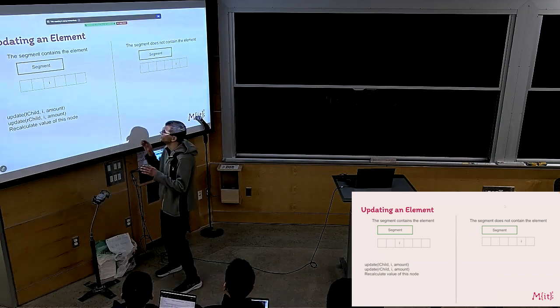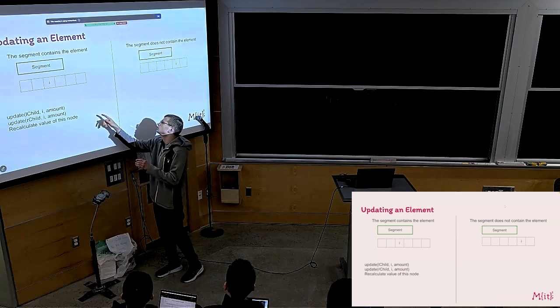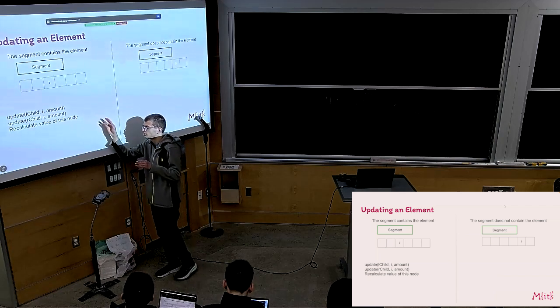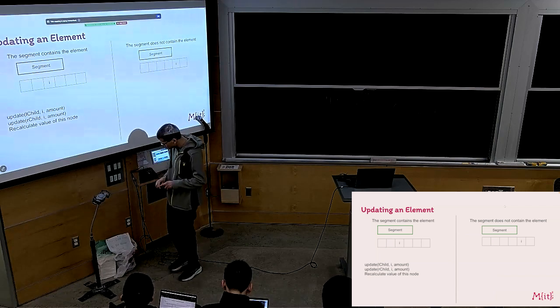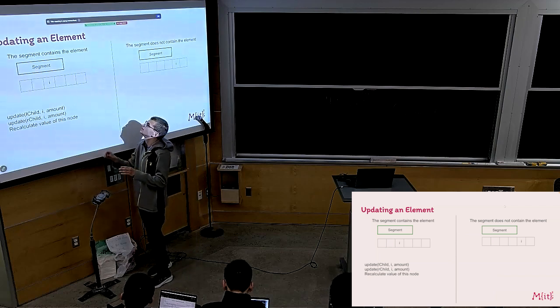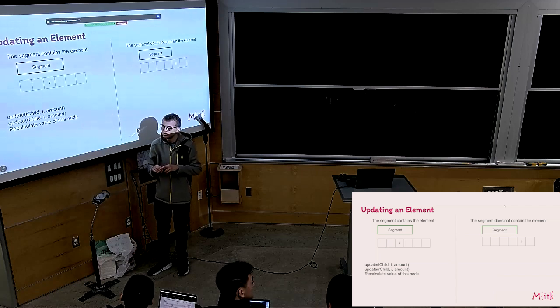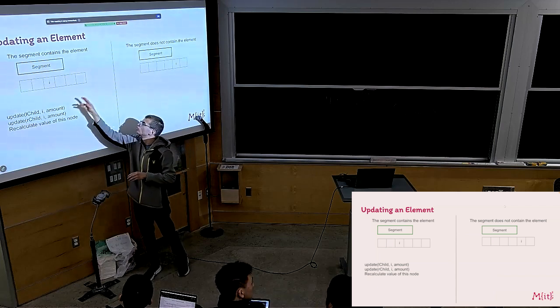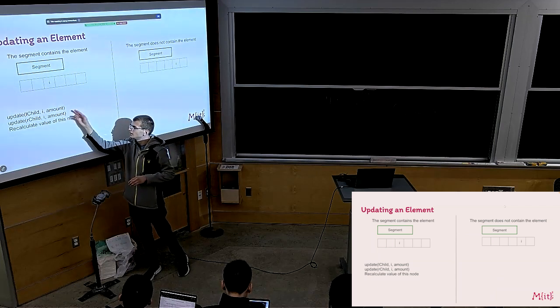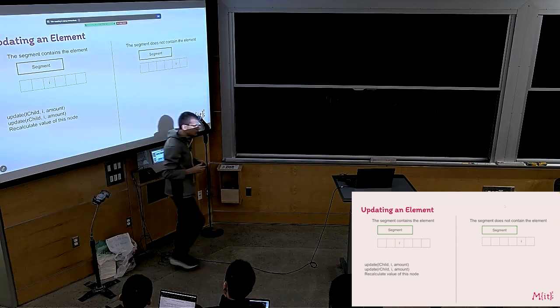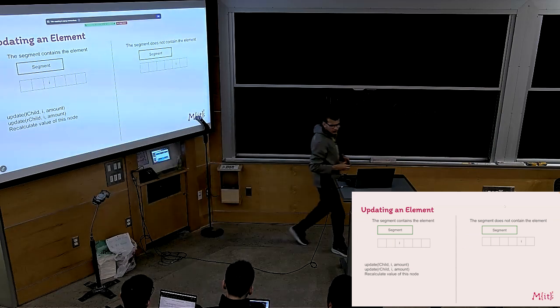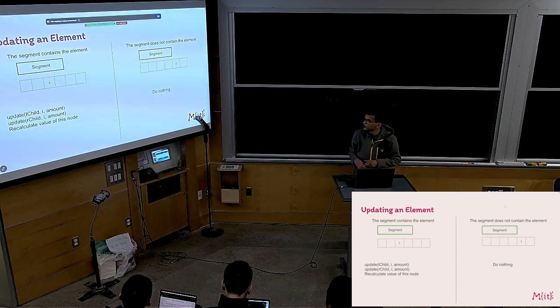Now in reality there is another third case that's kind of a subcase of this that I didn't really put on the slide, which is what happens if the segment has length 1. If the segment has length 1, then I just directly override this value and I don't update any children because there are no children. And then if the segment does not contain the element, then I just do nothing.